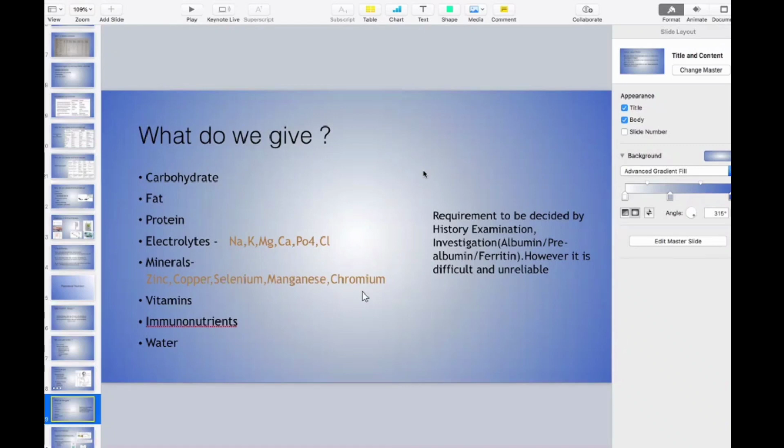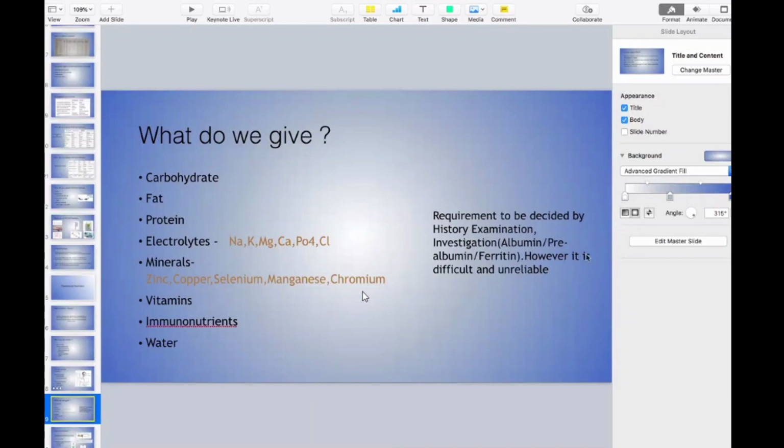In addition, on examination you can find the body weight of the patient and use anthropometric measurements. You can use investigations like albumin level, pre-albumin level, or ferritin level, but none of them will give you the answer. Albumin, pre-albumin, and ferritin are acute phase proteins and change depending on the patient's condition and the inflammatory response.